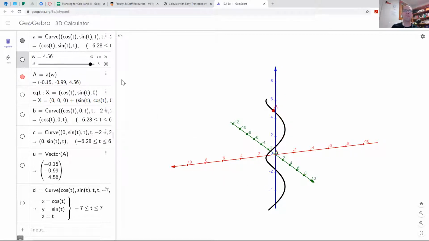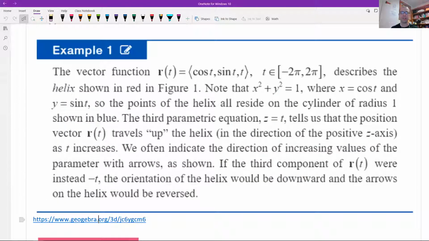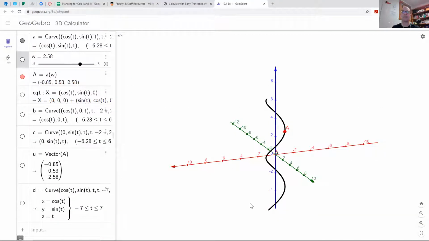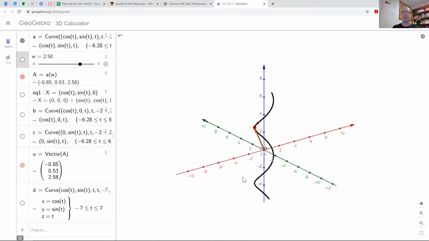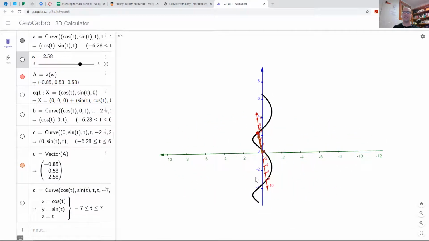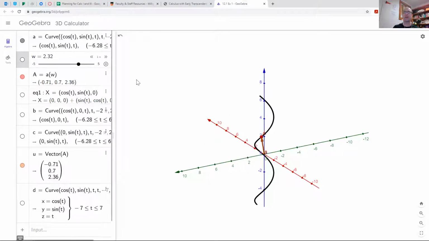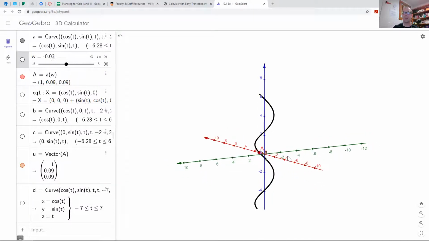And normally for this kind of thing, I'm going to use a point so that it just travels along the curve. But know that this is a vector valued function, and it's written as a vector. So you can think of this as a vector coming from the origin, and just the tip of that vector is tracing out the space curve.